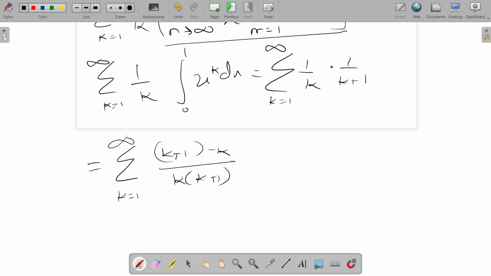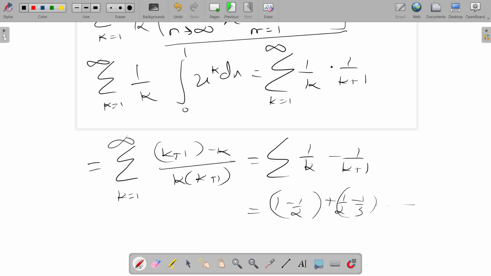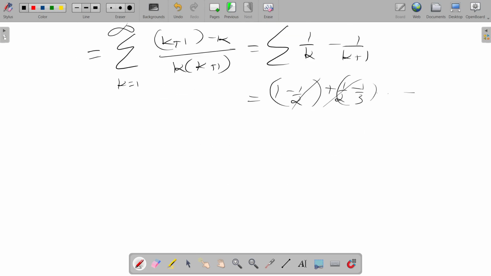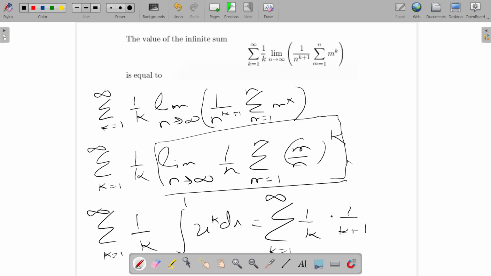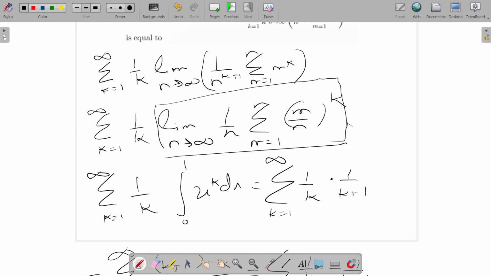So we will get 1 by k minus 1 by k plus 1, and this is basically 1 minus 1 by 2 plus 1 by 2 minus 1 by 3 and so on and so forth. So the answer to this question will be 1.